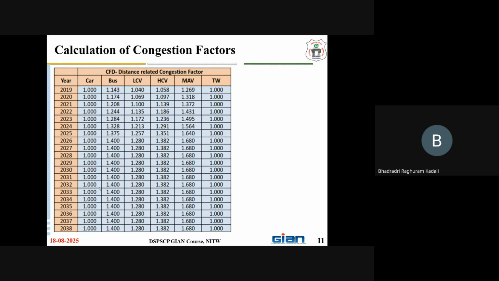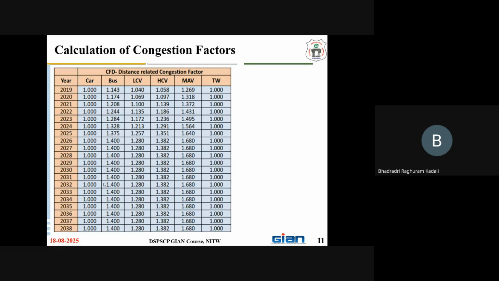Then what is the amount of congestion this vehicle is creating to the other vehicles? That is the meaning of these congestion factors that they have derived. If the vehicles are surrounded by more vehicles, it indicates that there is more congestion with respect to the occupancy of the vehicles, from one vehicle to the other.